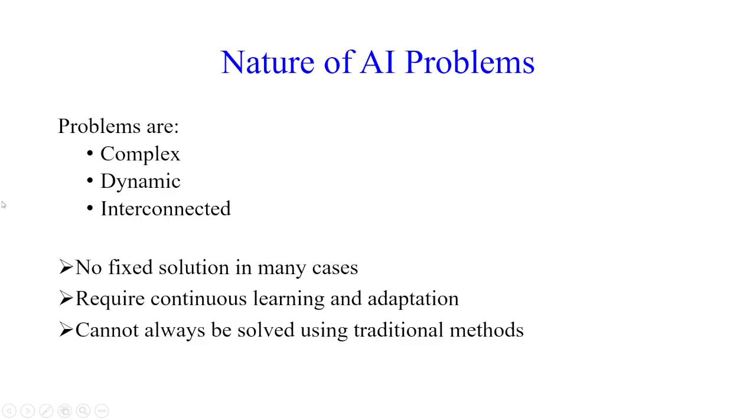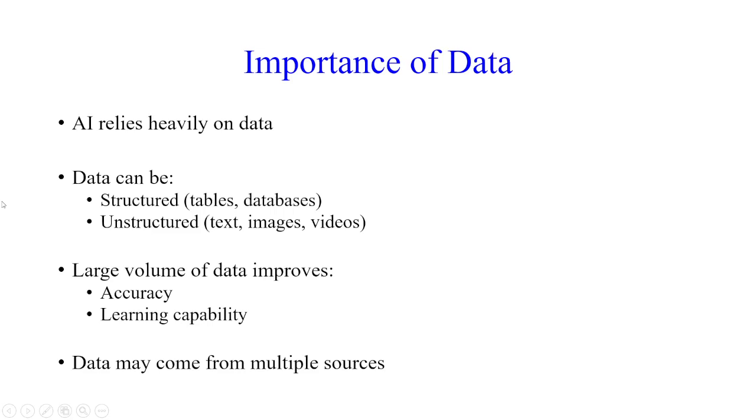Next, we'll discuss the importance of data. When we talk about data, AI relies heavily on it. Data is the fuel of AI. Without data, AI cannot function. So what is this data? Data can be of two major types: structured and unstructured.